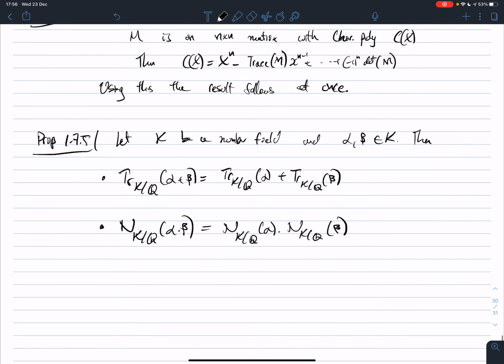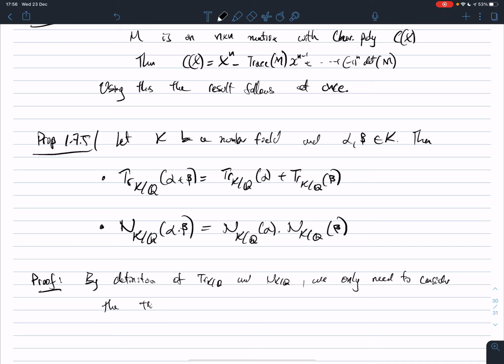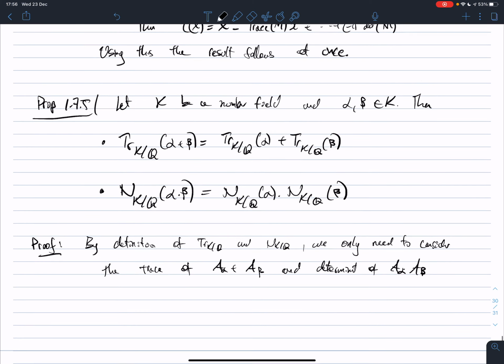Okay, so let's prove this. By definition of this trace and this norm, we only need to consider the trace of A alpha plus A beta, and the determinant of A alpha times A beta.